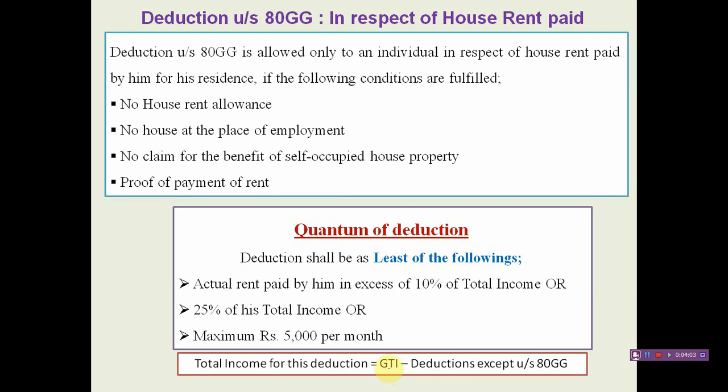It means from the gross total income we have to deduct long-term capital gain, short-term capital gain under section 111A, share of income from AOP, and any deductions under section 80C to 80U except deduction under section 80GG. It is the total income, or we may call it adjusted gross total income for this section.